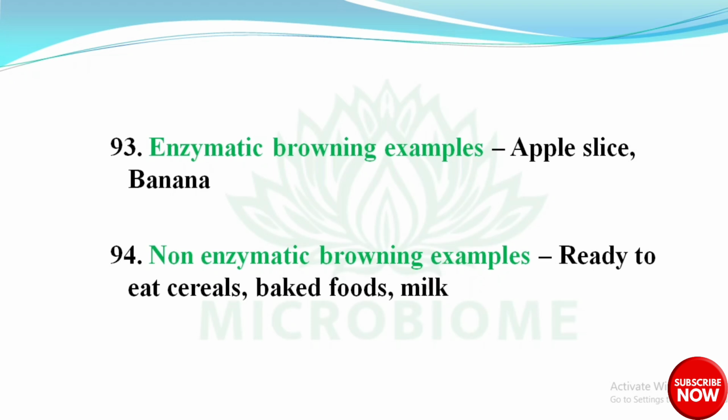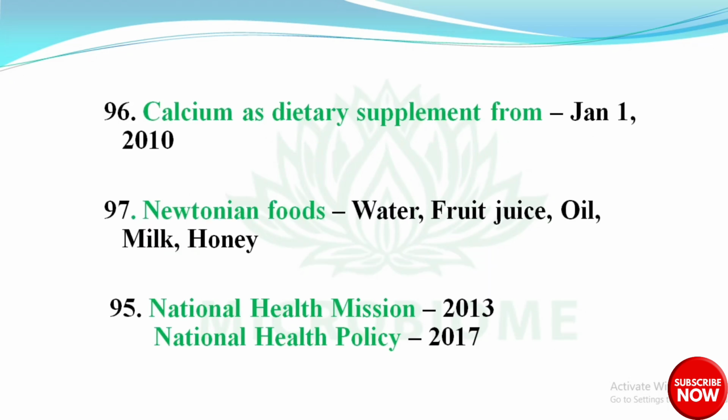And next, the examples for enzymatic browning are apple slice and banana. Non-enzymatic browning: ready to eat cereals, baked foods and milk. And next, calcium as dietary supplement from January 1, 2010. And next, Newtonian foods.